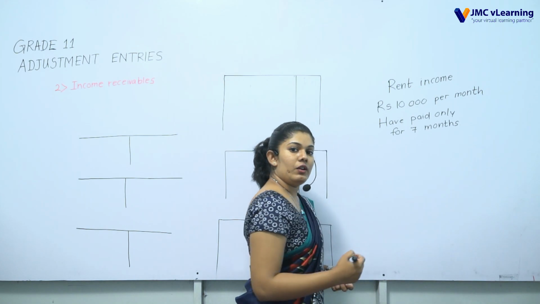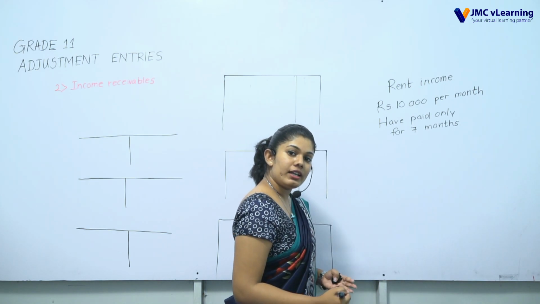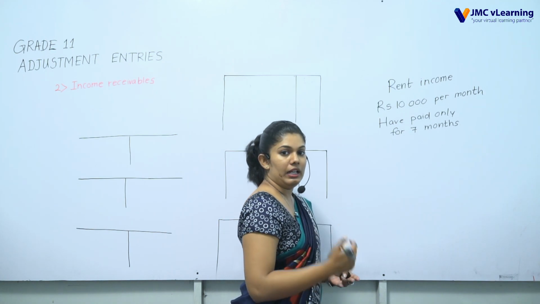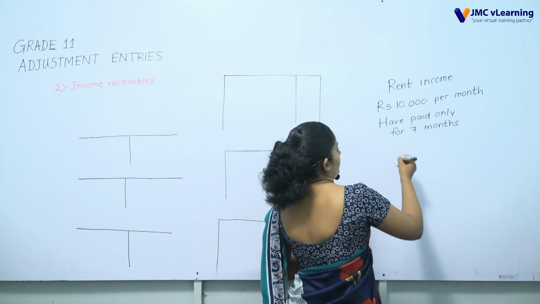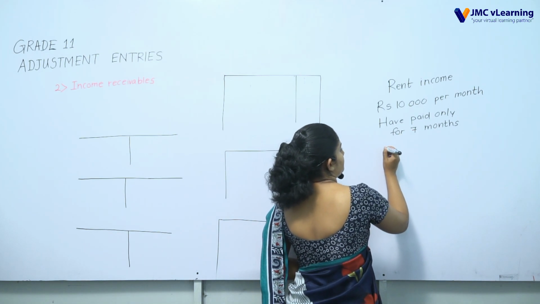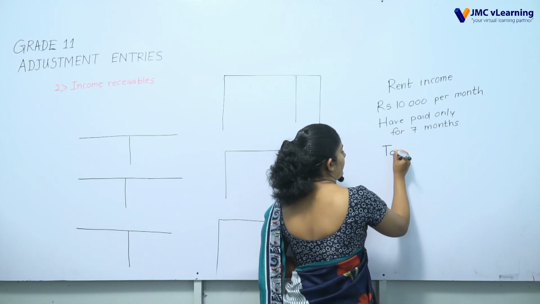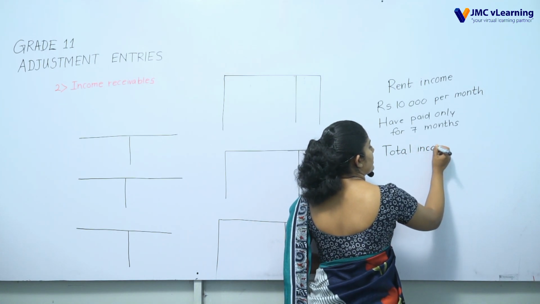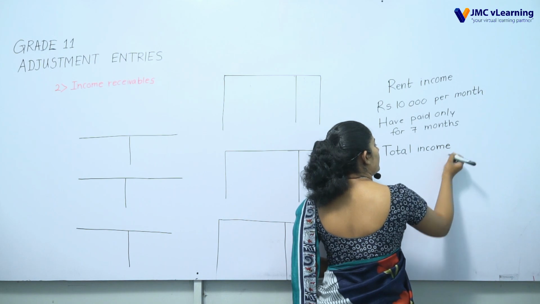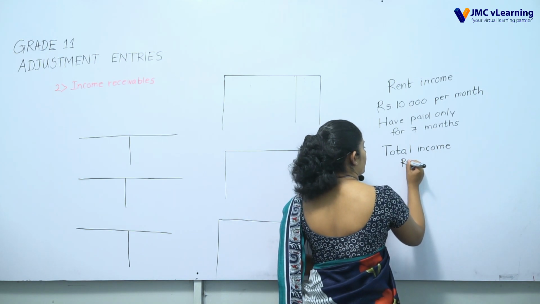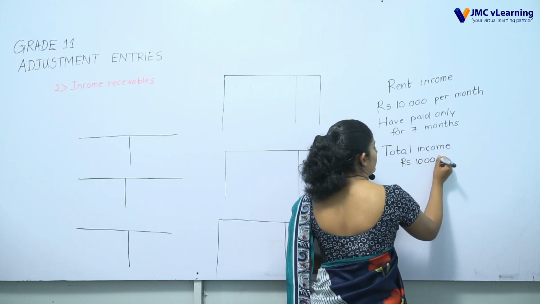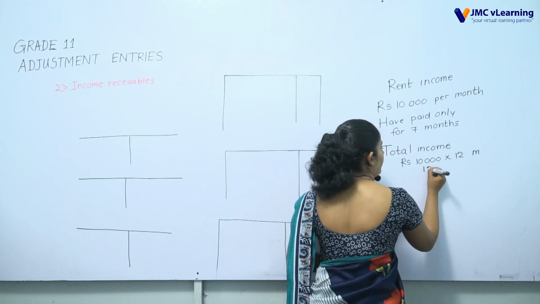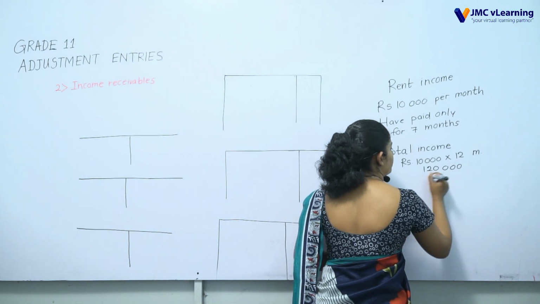Now let's calculate the total income, income received and receivable. Total income is very easy, just like the previous example. 10,000 into 12 months, 120,000.